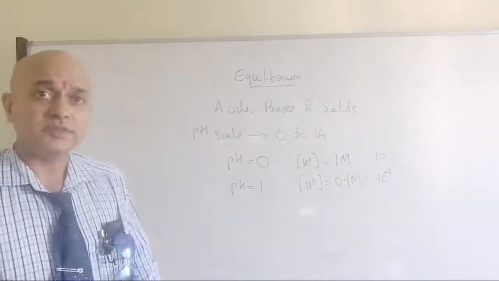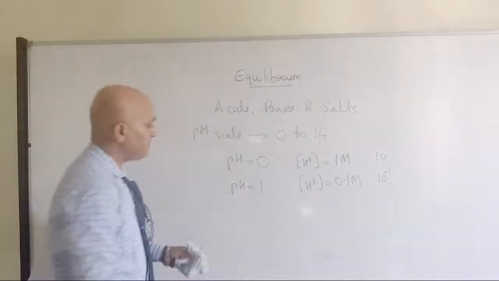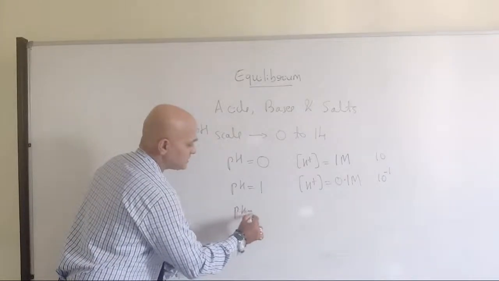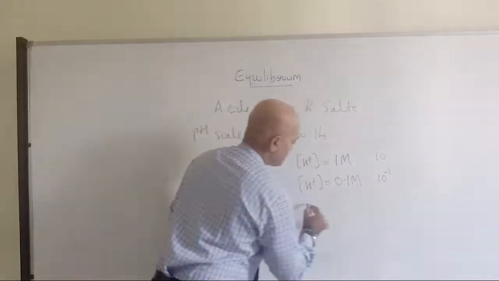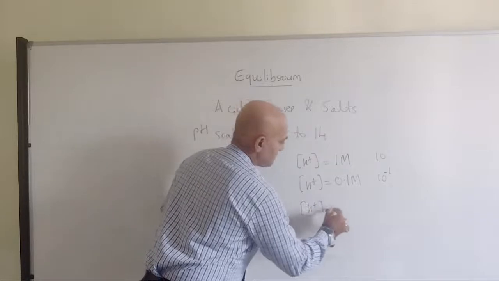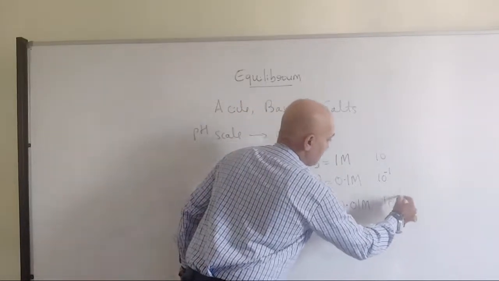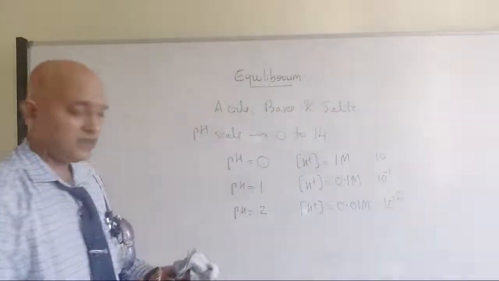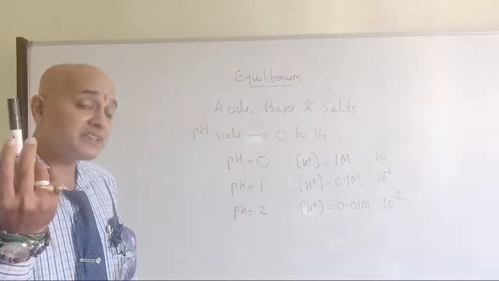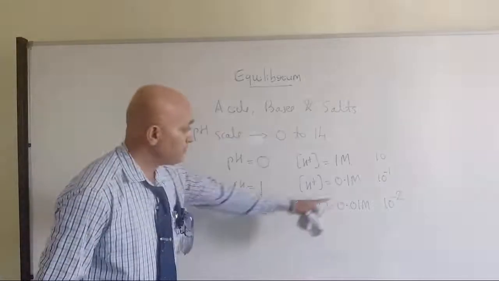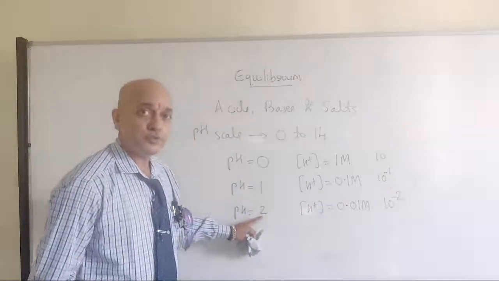Okay? Same way, when I am talking about pH equal to 2, naturally H plus concentration will be equal to 0.01 molar or 10 to the power of minus 2. Right? So minus 7 became 7, same way minus 2 will become 2.